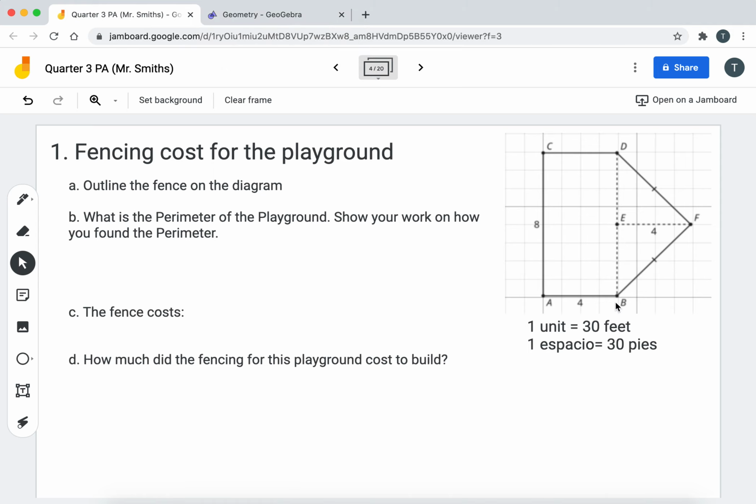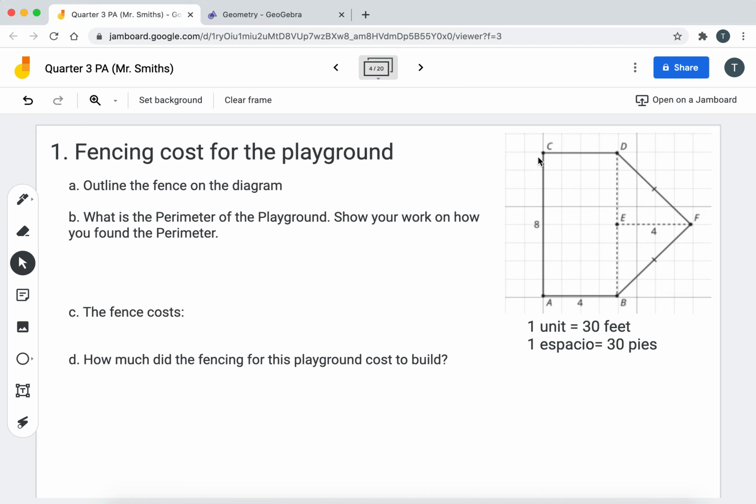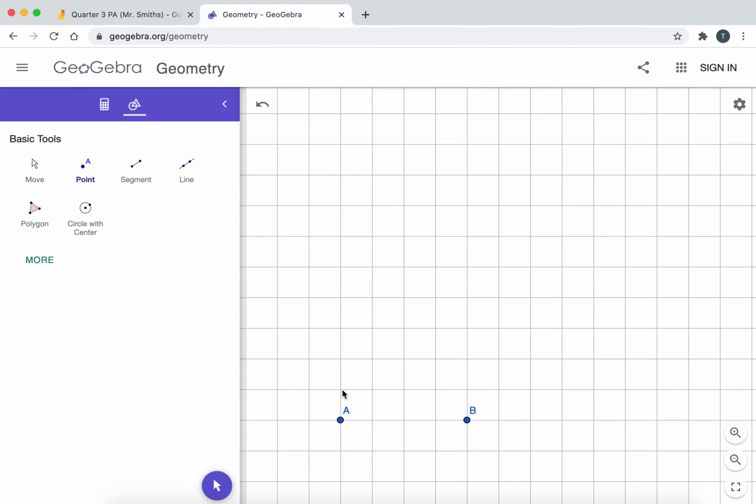A, B, okay? So we got points. A, 1, 2, 3, 4 units away. Point C is 8 units away from A. 1, 2, 3, 4, 5, 6, 7, 8.